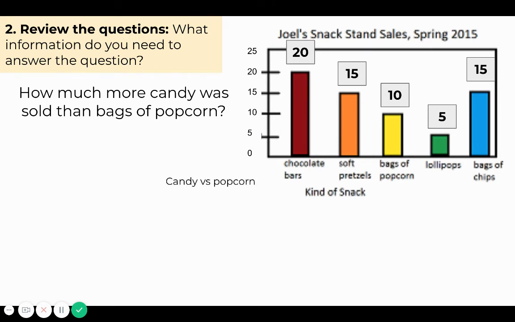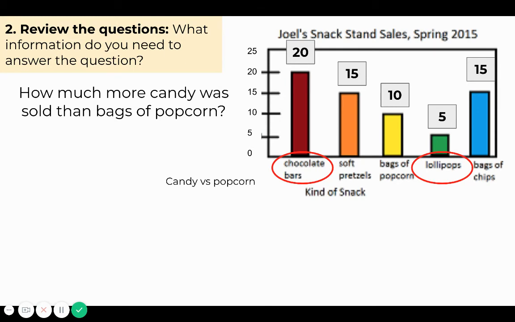Here I'm comparing candy versus popcorn. When I take a look at my graph and I take a closer look at the categories, I can see that there are actually 2 different types of candies on the graph. There are chocolate bars and lollipops. Both of those are candies.